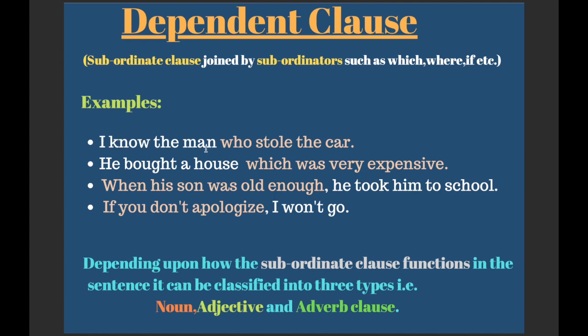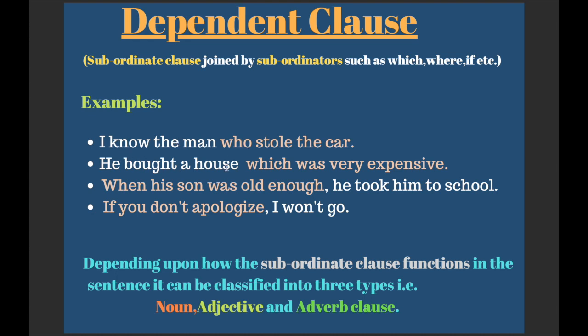If you read the full sentence, I know the man who stole the car, then only it makes complete sense. So this is the dependent clause because it depends on the main clause. So this is the dependent clause, this is the independent clause.